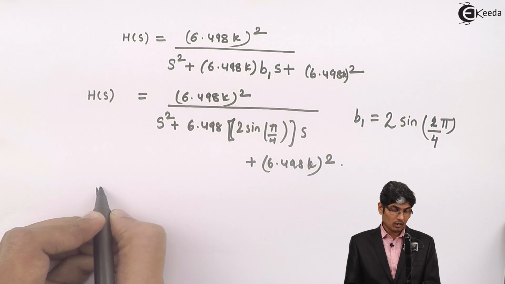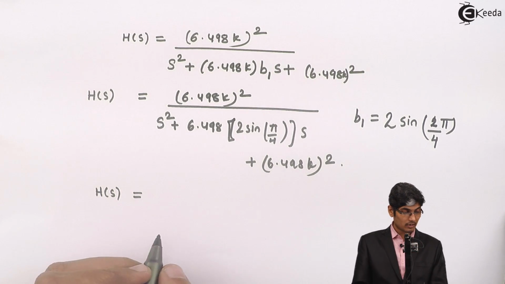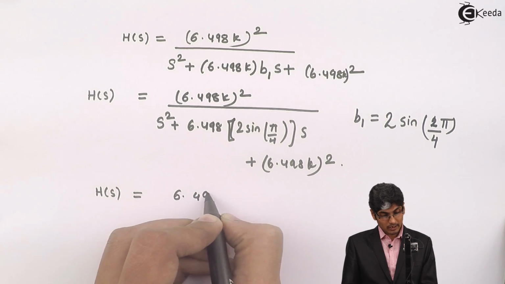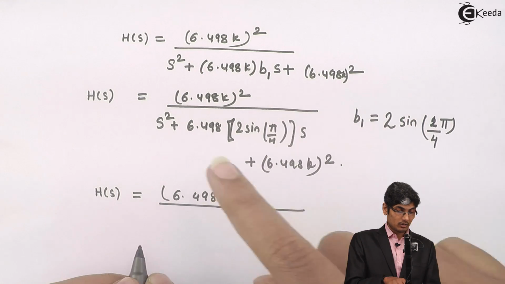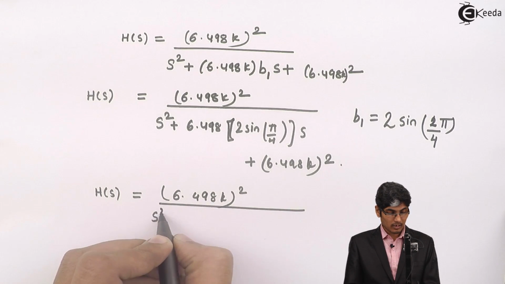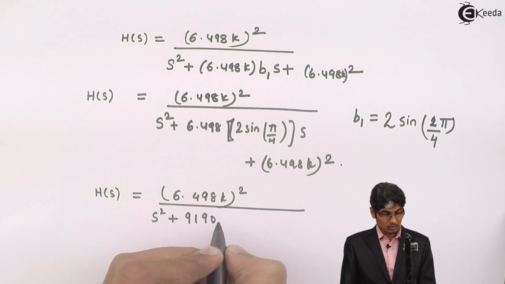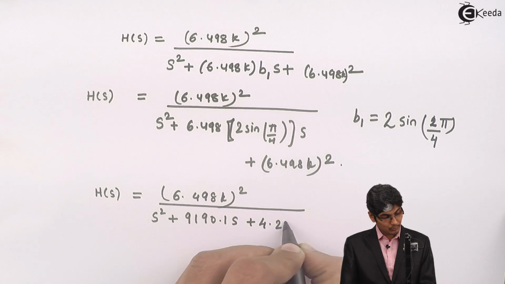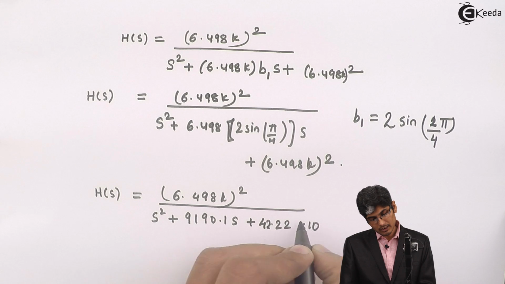So now if I solve this by putting all the constants and calculating all the values, H of s will come as 6.498k the whole square divided by, the denominator will look like s square plus 9190.1s plus 42.22 into 10 raised to 3.